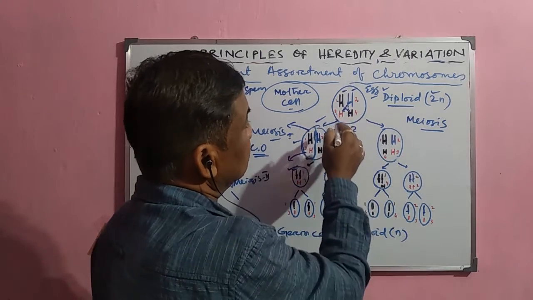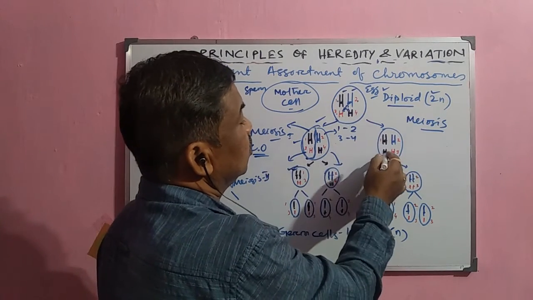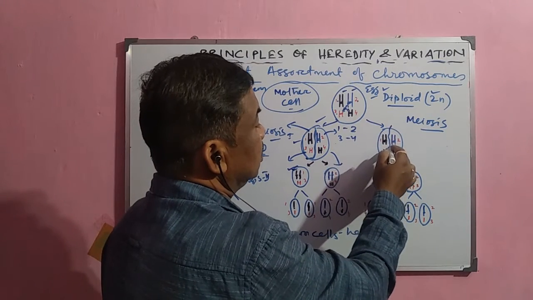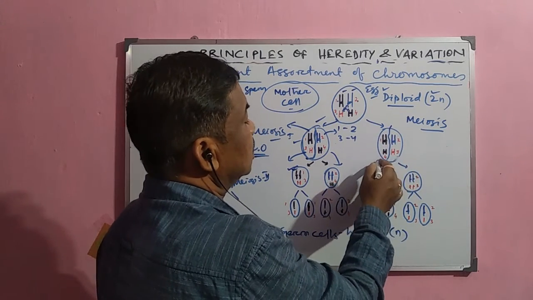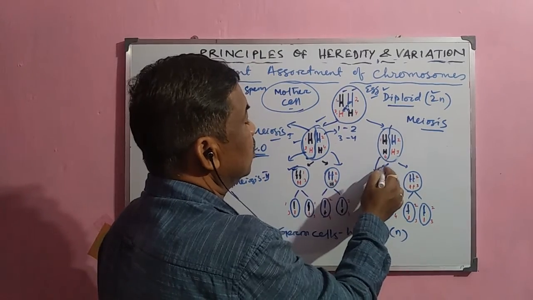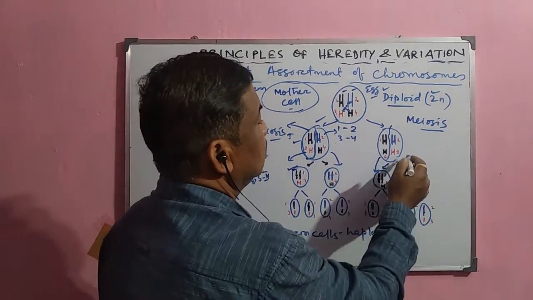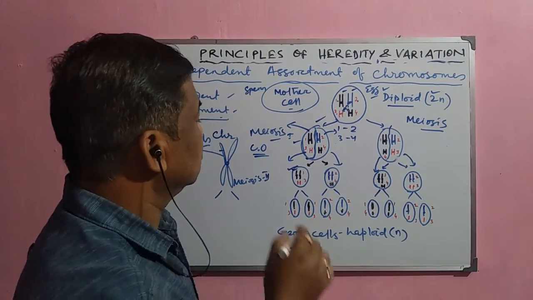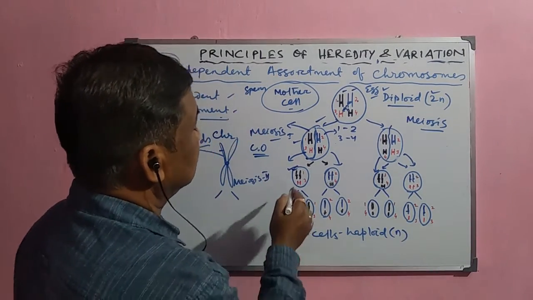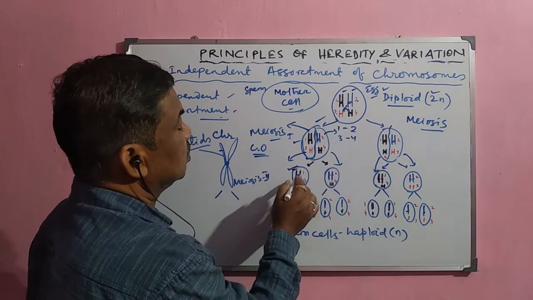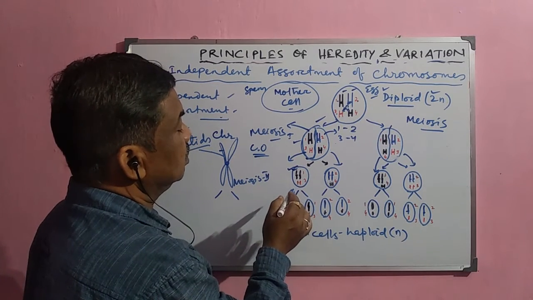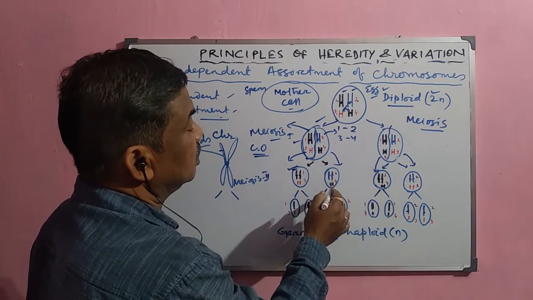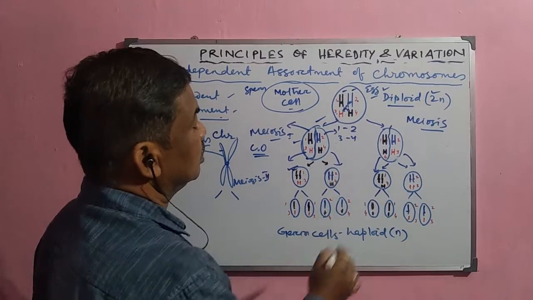If 1 with 4 remain together, then when this cell splits, 1 and 4 go to one cell and 2 and 3 go to another cell. So now chromosome number 1 and chromosome number 3 are present here, and chromosome number 2 and 4 here, and 1 and 4 and 2 and 3 here.